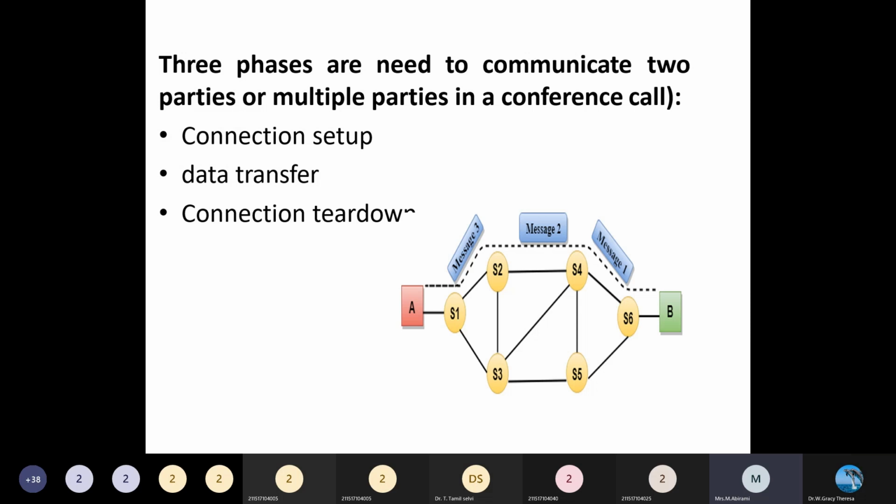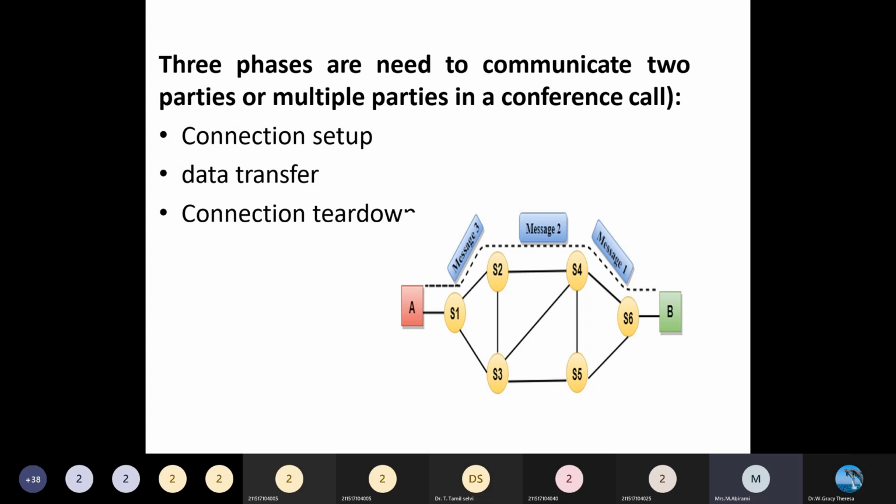First is connection setup, and then another is connection tear down. So that is called communication establishment, and then communication disconnected. In between, the data is transferred from one host to another host. So the three phases are used in communication over a network, from multiple networks of communication.